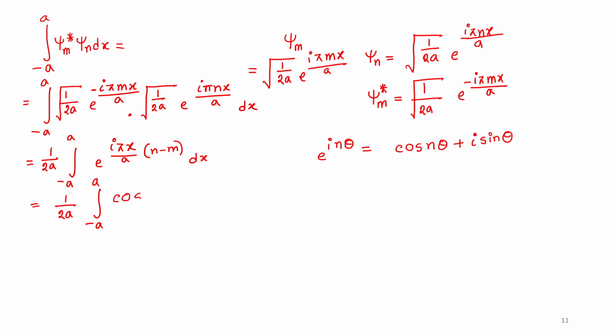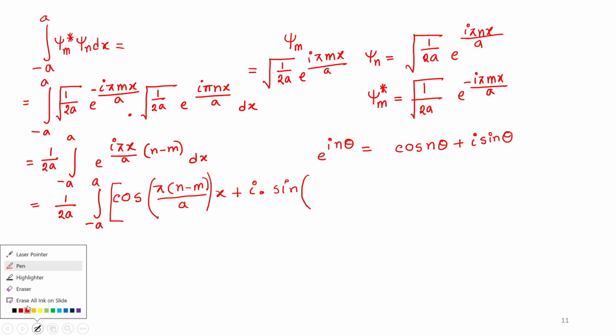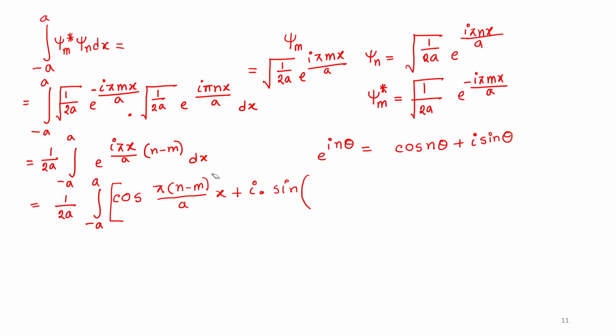So it is cos, where n theta is pi n minus m divided by a times x. This is one cos. Then plus i multiplied by sine. So let me give another bracket. Let us use maybe the second bracket.